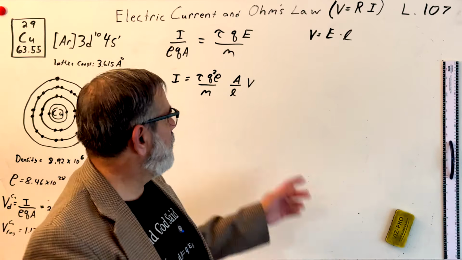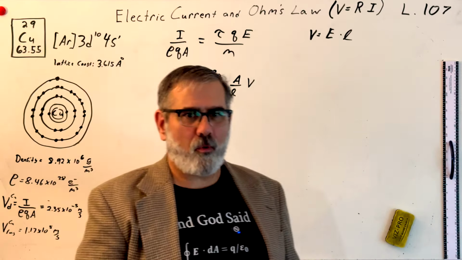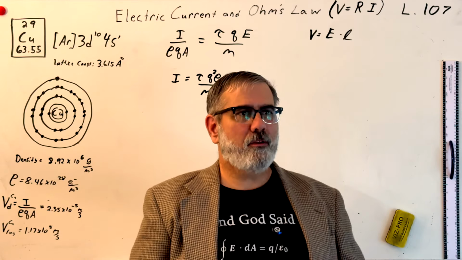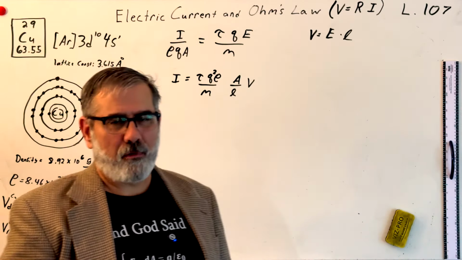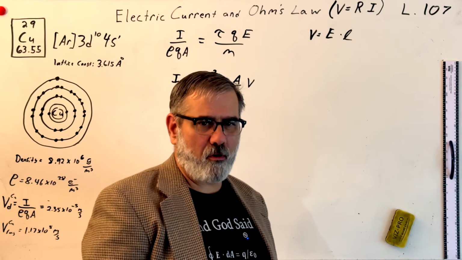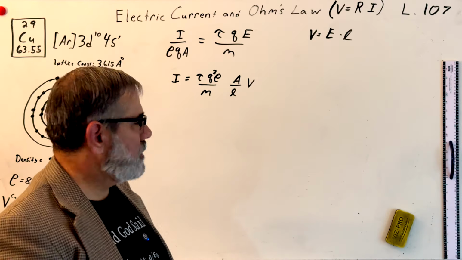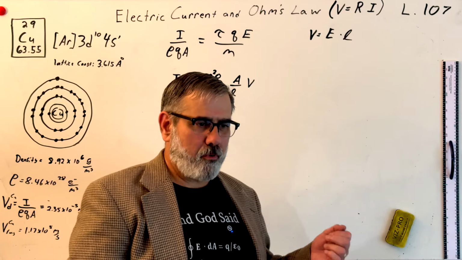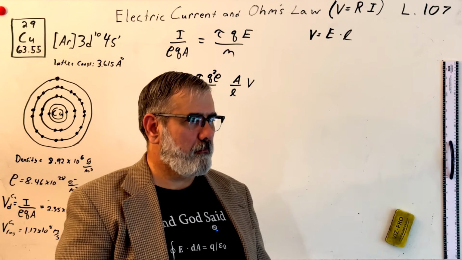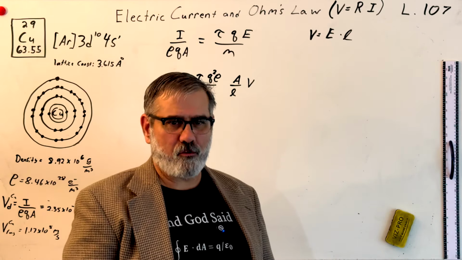I'm getting something where the voltage is related to the current through the square root of the field, or the current is related to the square root of the field, so the square root of the voltage. And that seems wrong. You have to make some course corrections, and then you'll eventually find that the current is proportional to the voltage and not the square root of the voltage.